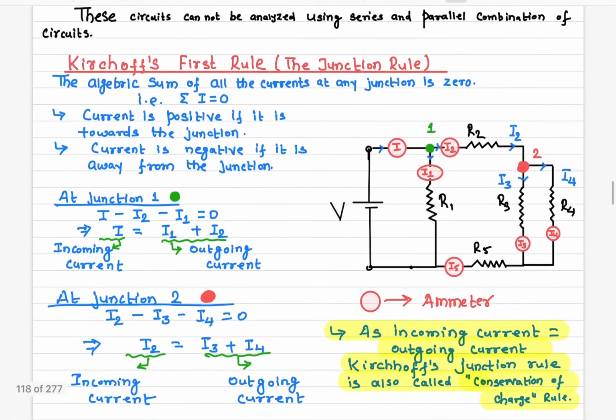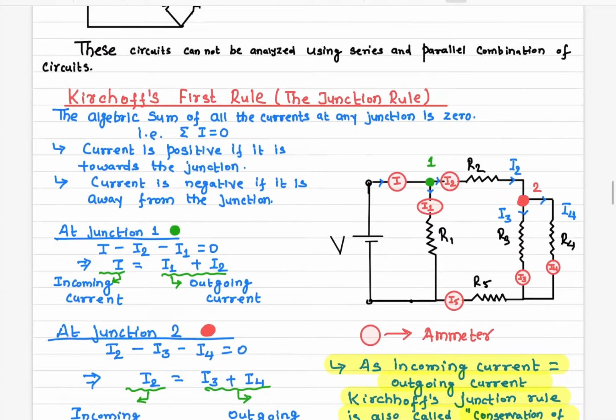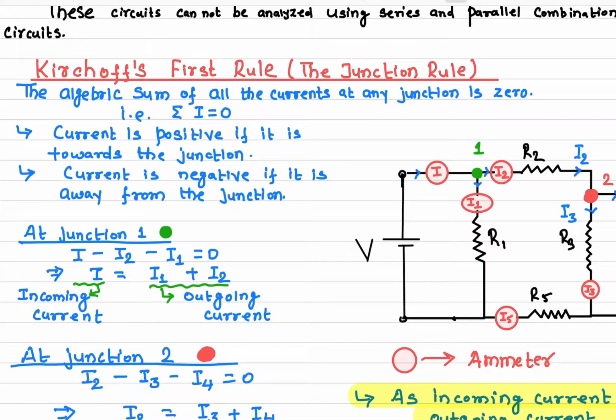So in that situation, we're going to use Kirchhoff's law. In fact, you may use Kirchhoff's law even for simple series and parallel combinations of resistors or capacitors or resistors and capacitors. So this one works for almost any circuit.